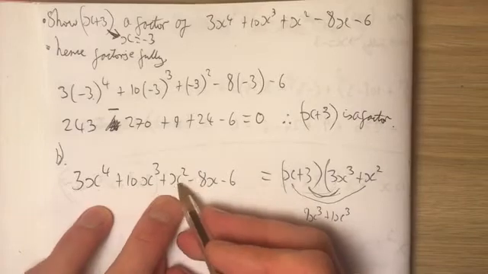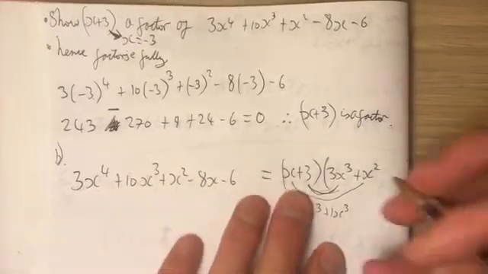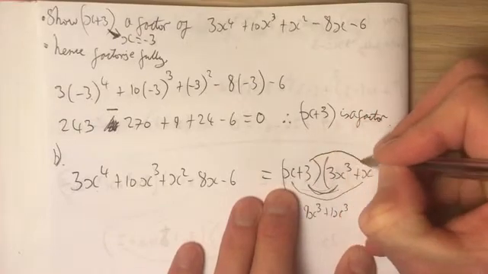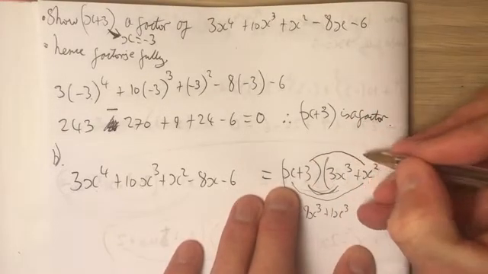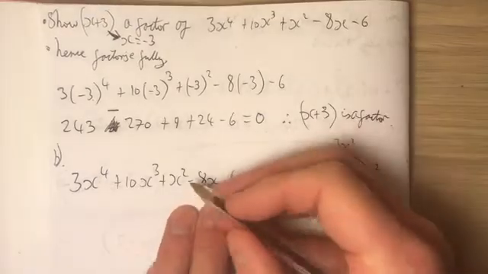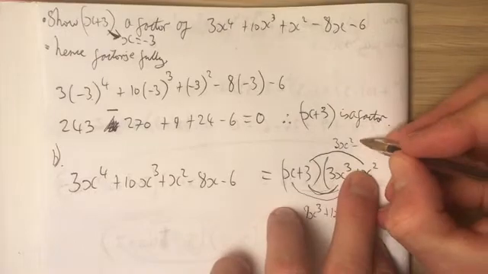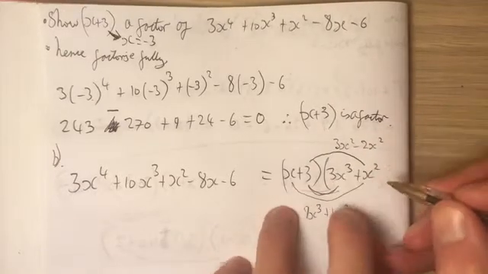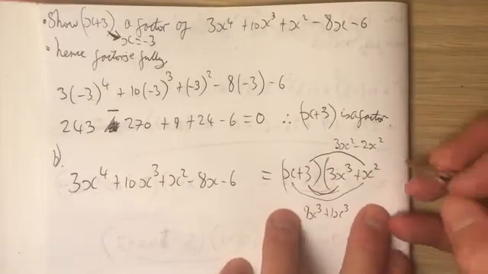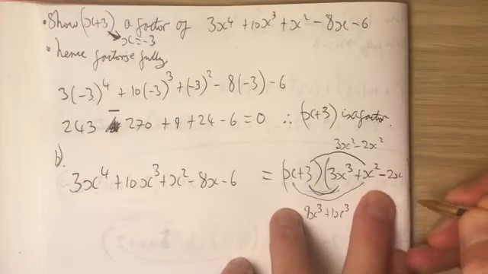Then I look at the next term, x squared. Where does that come from? Well, I've already got 3 times x squared going on there. I've already got 3x squared. Now see, I wanted to have just 1x squared. So I need to somehow take away 2x squareds. How am I going to take away 2x squareds? Well, I'm going to have minus 2x.